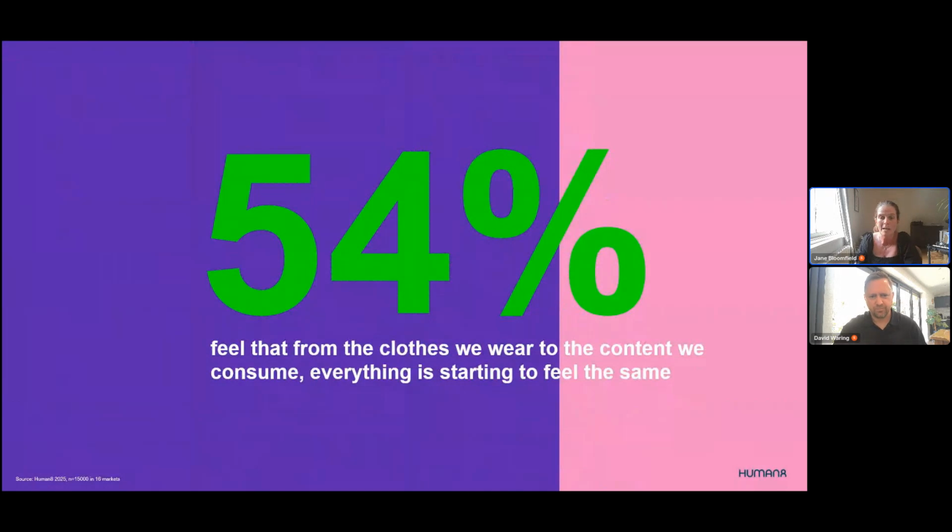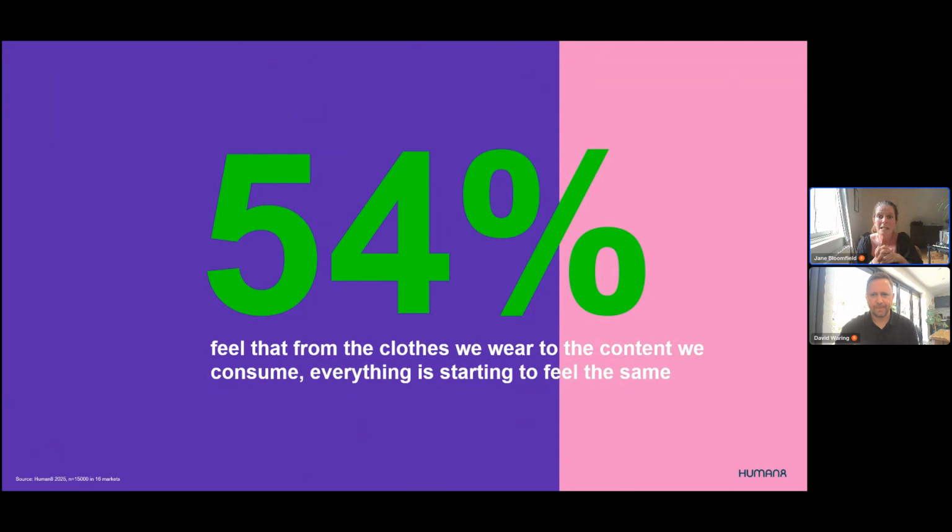In our annual What Matters survey we did earlier this year, a global survey amongst 15,000 people across 15 markets, we saw almost two thirds of consumers globally feeling that brands were interchangeable. So that's at the brand level. When we looked at the actual product and offer level, almost half of people globally say that everything from the clothes they wear to the content they consume is starting to look the same.